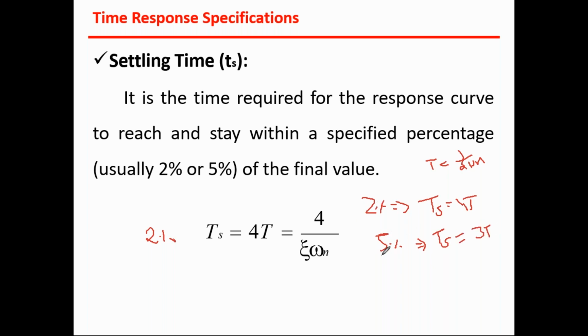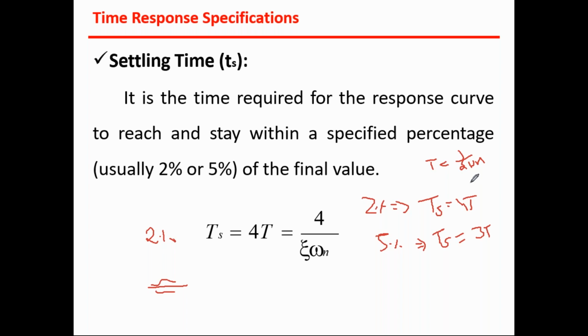Here the percentage is the error. At the settling time, the graph stays within 2% or 5% error. So if it is 2%, ts is equal to 4T and T is 1 divided by zeta omega n. If it is 5%, ts is 3T and T is 1 by zeta omega n.